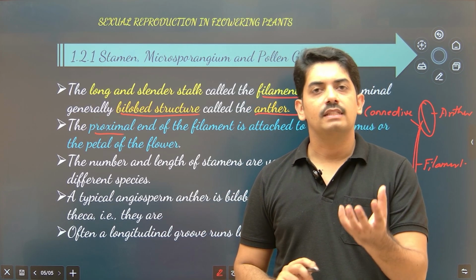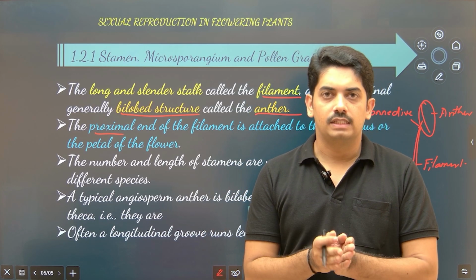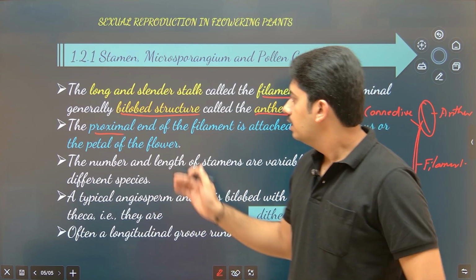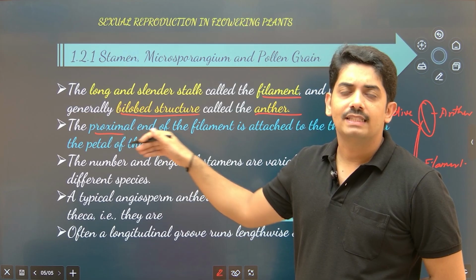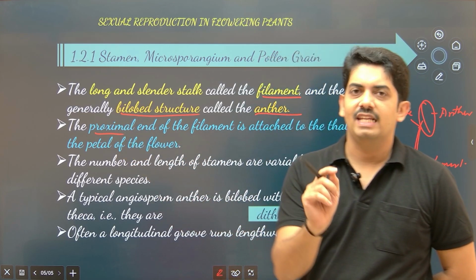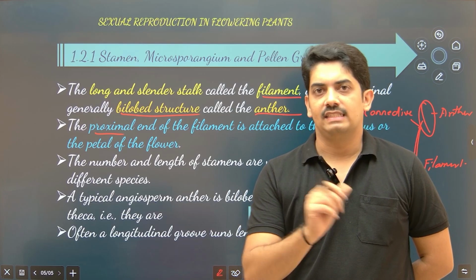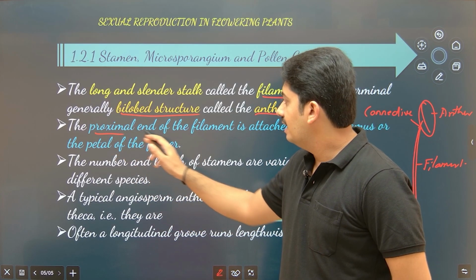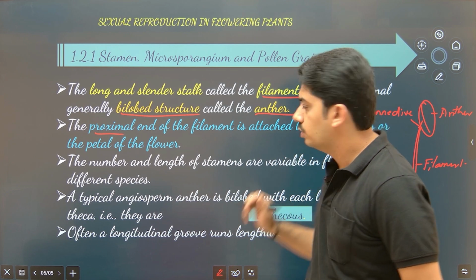Right? So it is referring to the thalamus. That is why they have given proximal end. Sometimes in competitive exams, instead of giving proximal end, they just change one word and make it distal end. So be careful while reading this statement. Proximal end of the filament attaches to the thalamus.